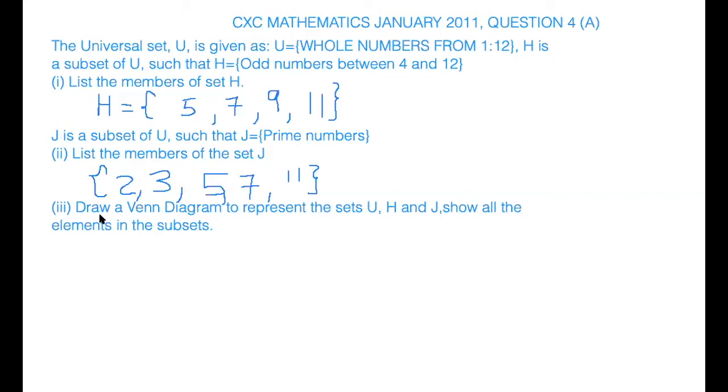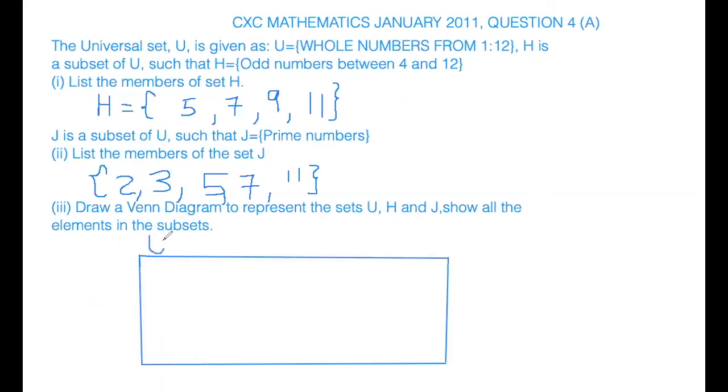Finally, we're asked to draw a Venn diagram to represent the sets U, H, and J, showing all the elements in the subsets. Let me first draw a rectangular box.